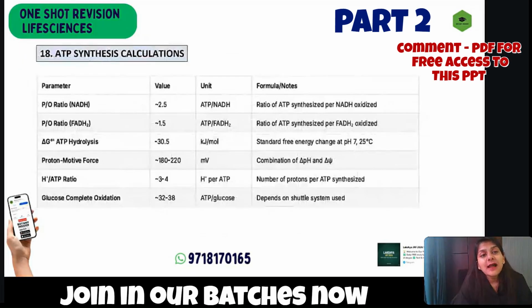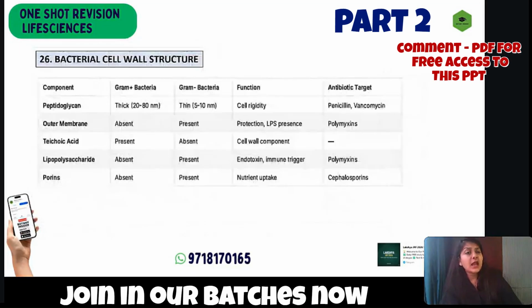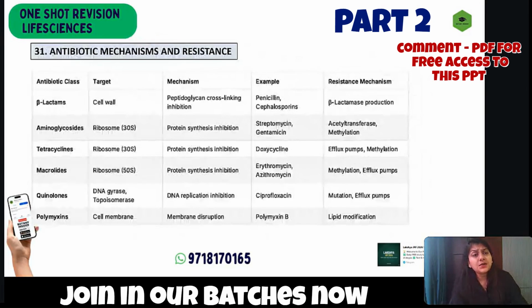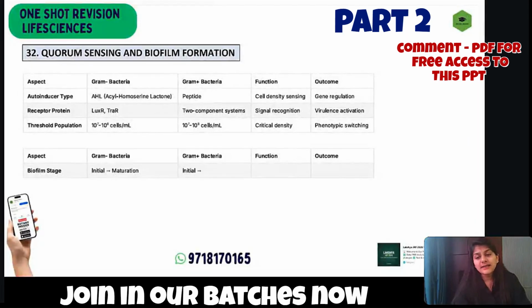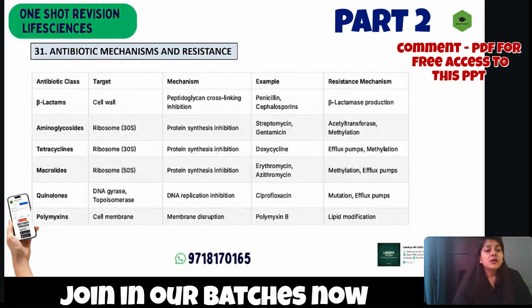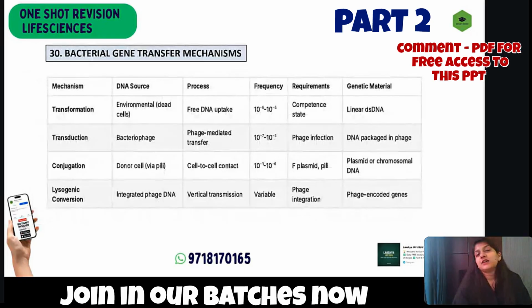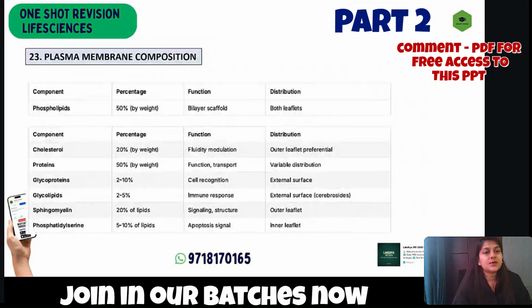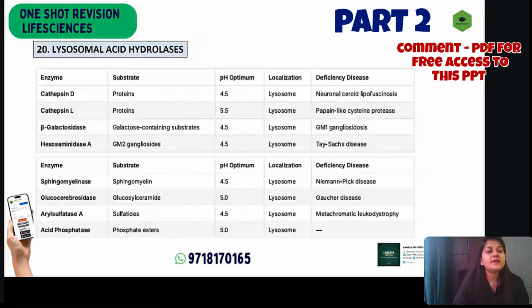I've tried to add as many things. See, n number of tables are here, and all these tables, I'm telling you, you can easily get a question from this particular portion.